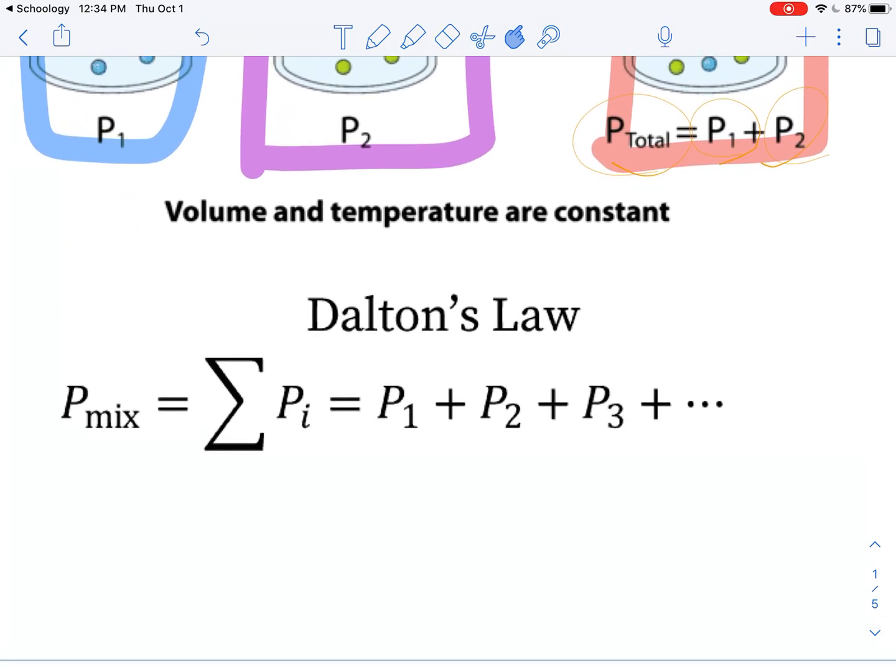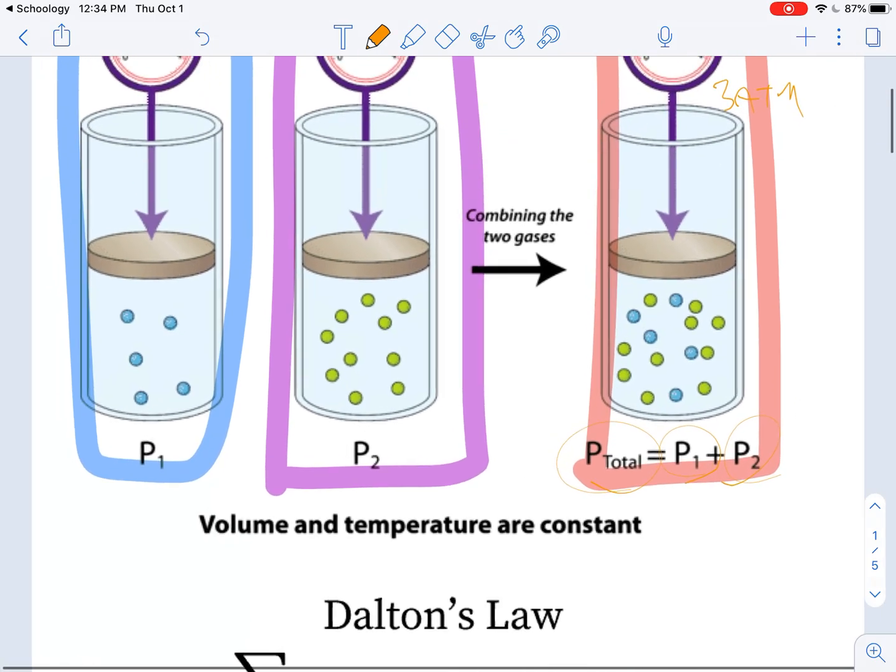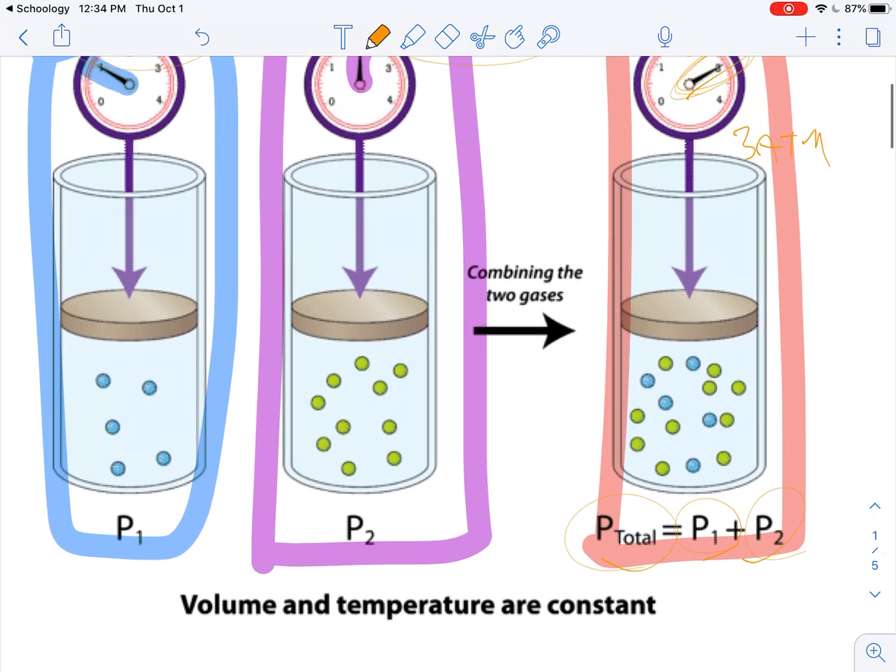Dalton's law of partial pressures simply says that the mixture pressure, the total pressure, is equal to the sum of the individual pressures. P1 plus P2 is equal to P total, or if there's 3 or 4 or 5 or 6 of them, add them all up and you get the total.